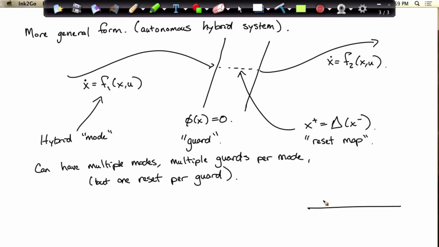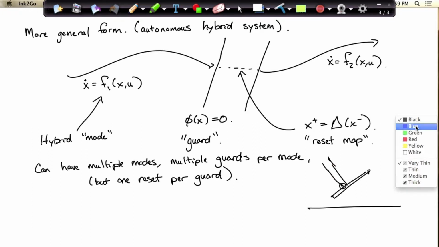What would be a case where you'd potentially have multiple guards and multiple resets? Imagine, I always like to draw this little robot foot coming in. Does that look like a robot foot? I don't know. Imagine there's a point here where the heel hits the ground.